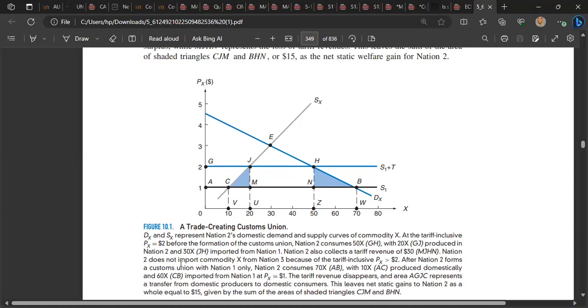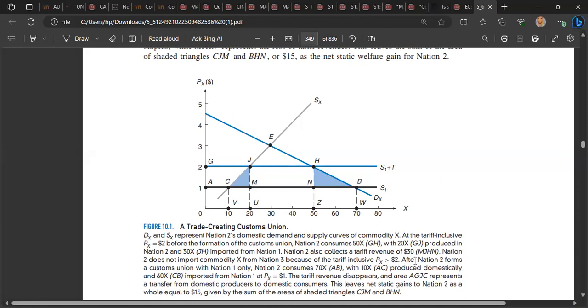Nation 2 does not import commodity X from nation 3, because of the tariff-inclusive price, which is greater than 2. Then after nation 2 forms a customs union with nation 1, nation 2 consumes 70, and production is at 10, so they've removed that tariff.